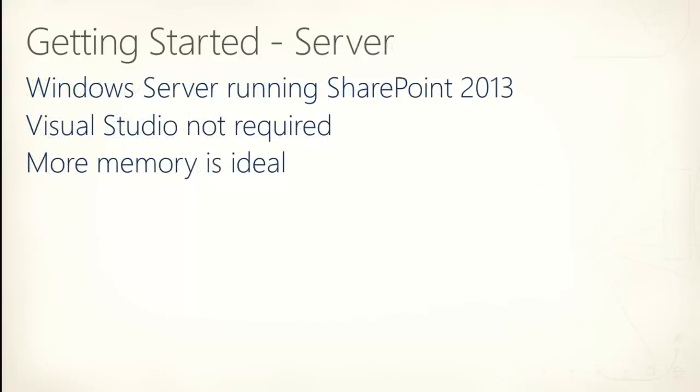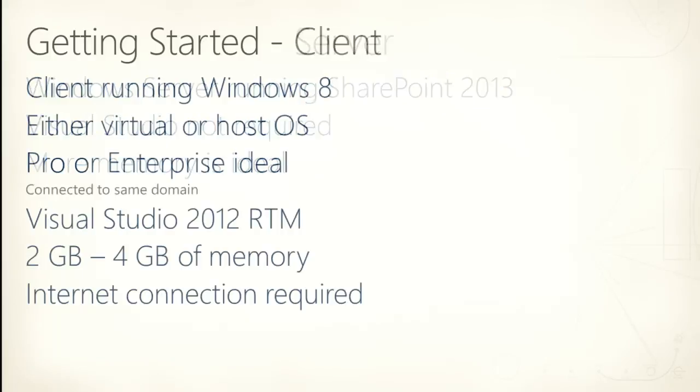On the server, well, obviously you need to be running SharePoint 2013. You don't need Visual Studio installed, so we're not going to do a single thing on the SharePoint server today, development-wise, so we'll never actually even connect to it directly. And of course, more memory is ideal, but for those of you already using it, you probably already know this, SharePoint loves to consume memory. On the client, you're going to be running Windows 8, and you can either do a virtual or host OS.